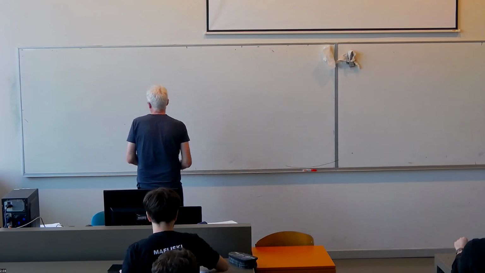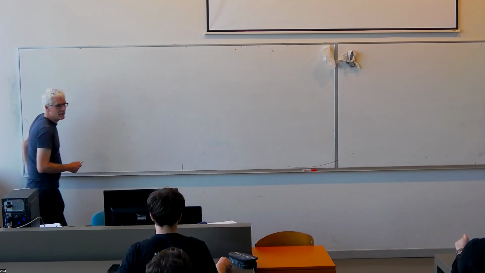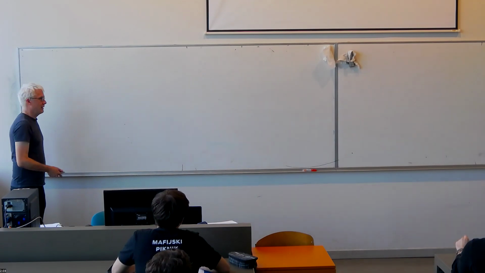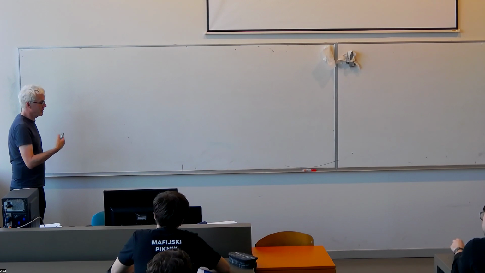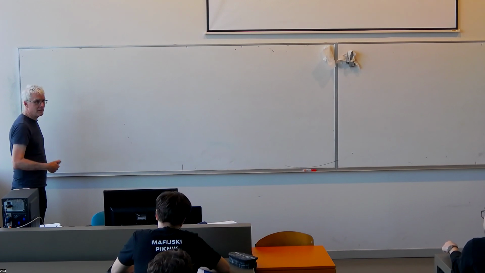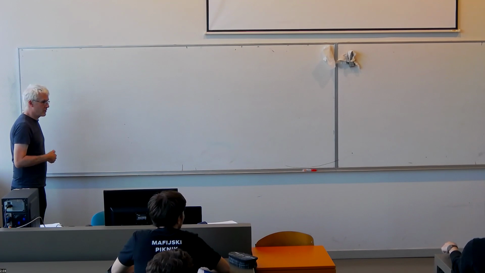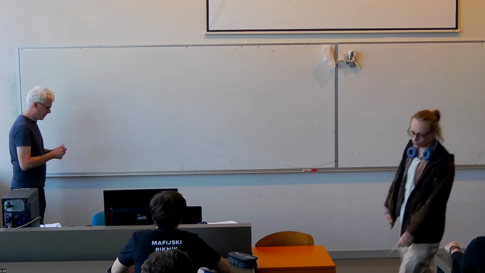Right, so the main remaining goal of today's lecture is to show that this language L accept, of pairs of encodings of Turing machines and words such that the Turing machine accepts that word, which we've proven to be undecidable, is semi-decidable.